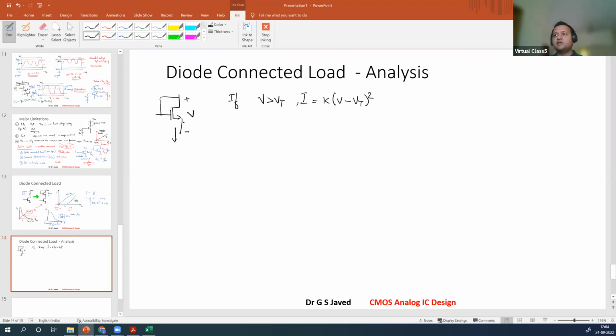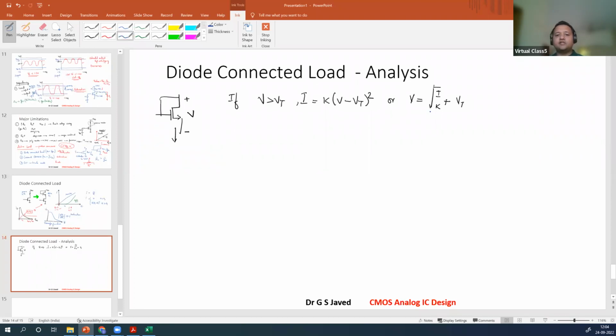Now what is V? V is the voltage here. Or you can also define this as V equal to square root of I by K, plus Vt. So you know what is I, what is Vt defined.